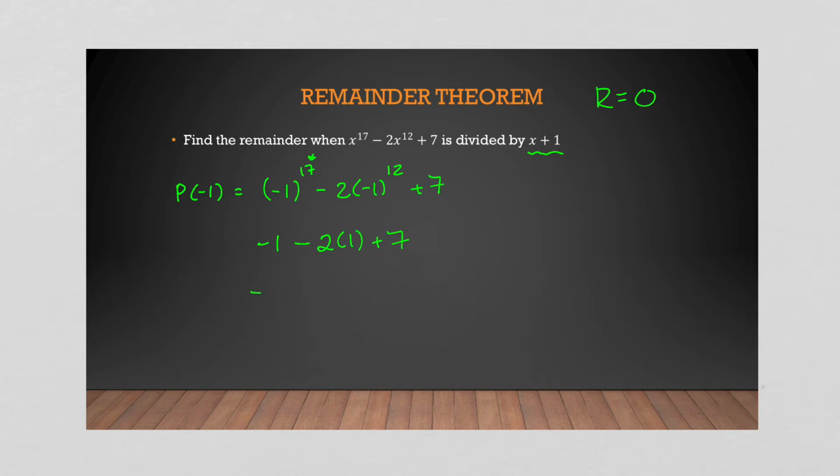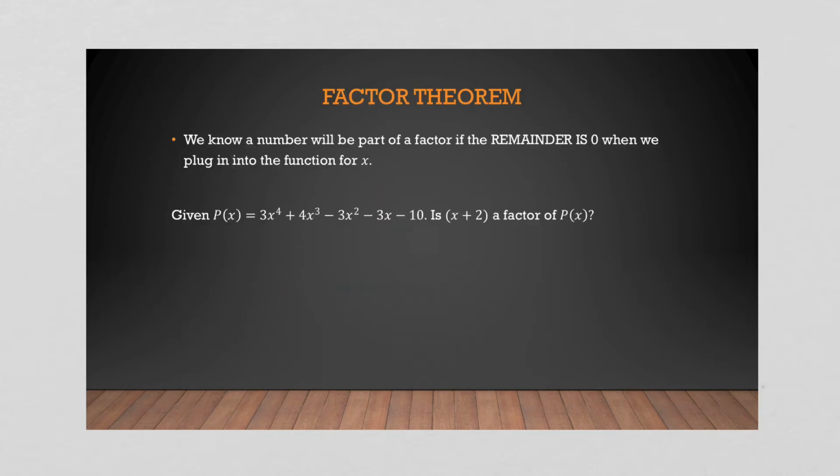So we get -1 minus 2 plus 7, -3 plus 7, we get 4. So you get a remainder of 4. And that is way easier than trying to plug that through synthetic division or long division, because again, you're adding all those zeros for missing root values or missing degree values.